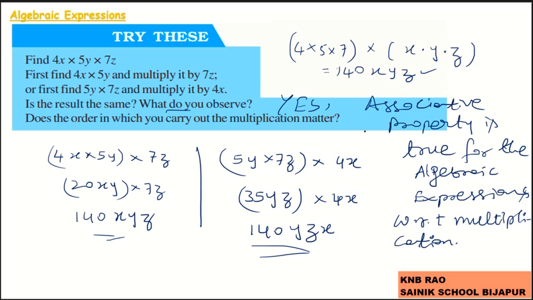That's it. Now does the order in which you carry out the multiplication matter? No. So the order of the multiplication doesn't matter at all. That's it. So this is the try this.